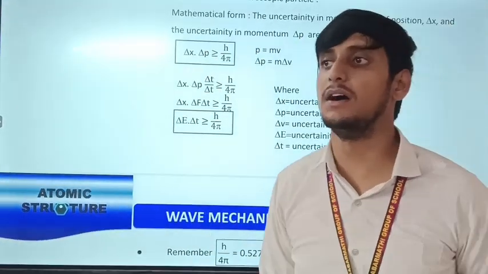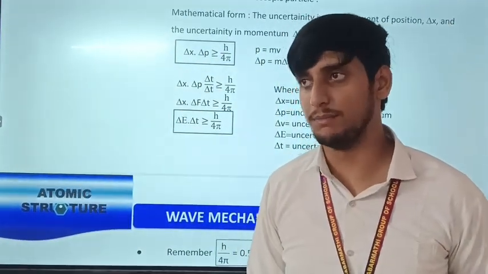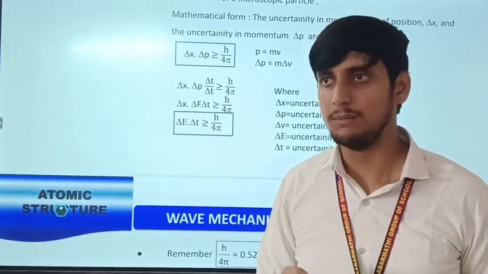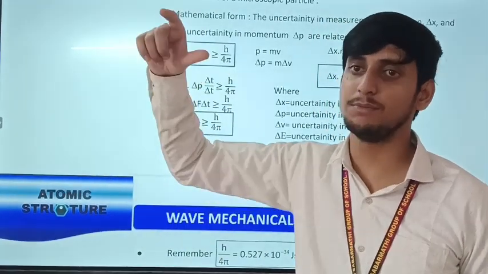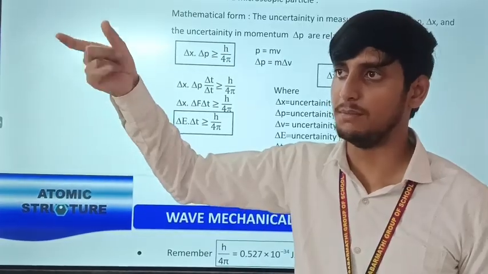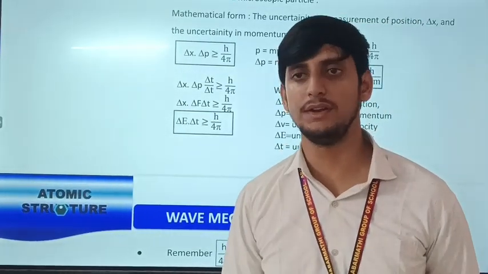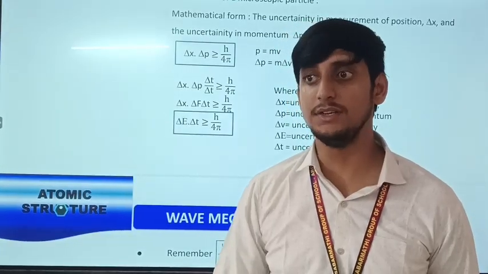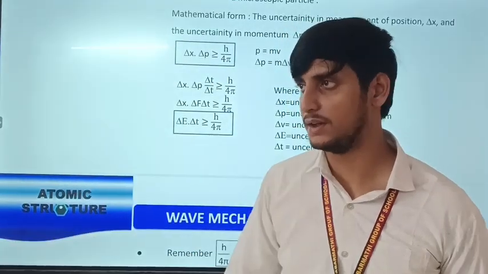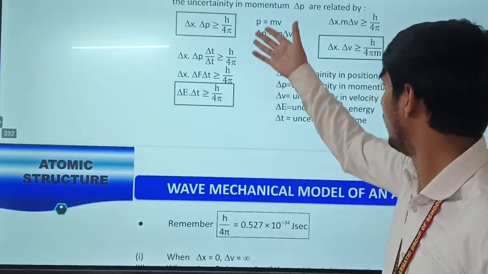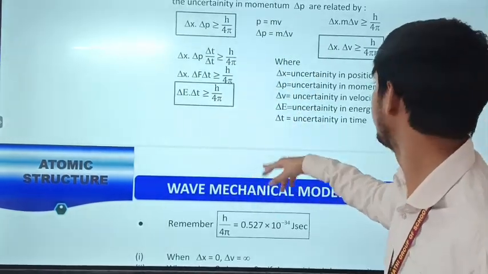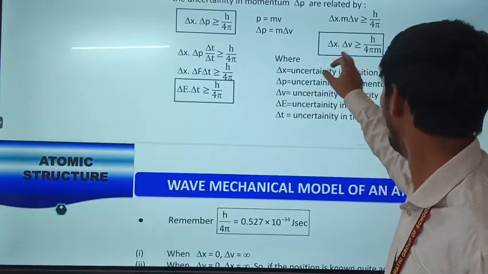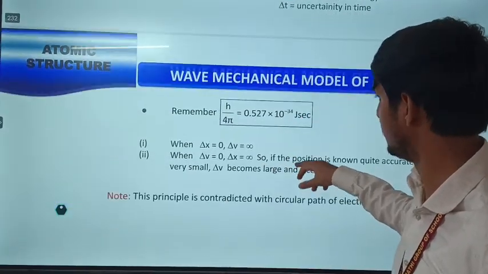This uncertainty in momentum comes from the velocity of electrons, because velocity changes as n changes. Velocity = 2.18 × 10⁶ Z/n m/s, so when n changes, velocity changes, right? These derivations you can read, all four relations.